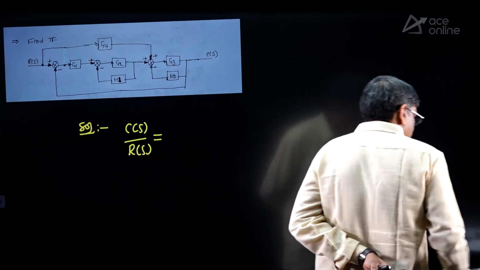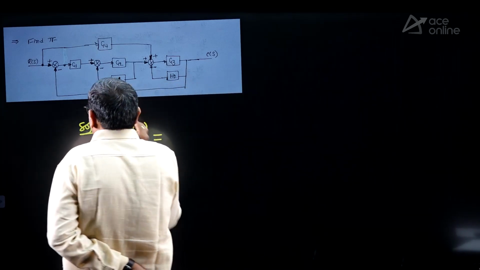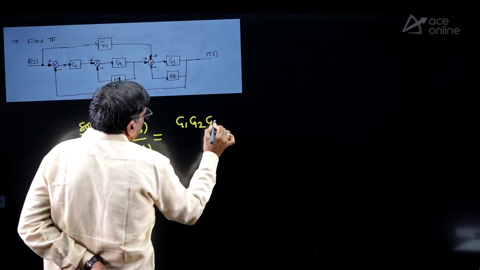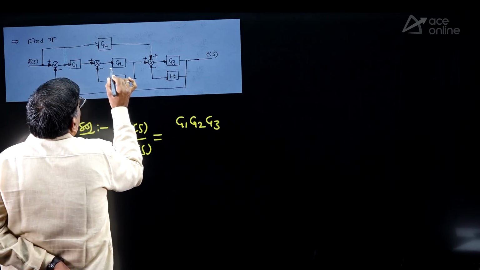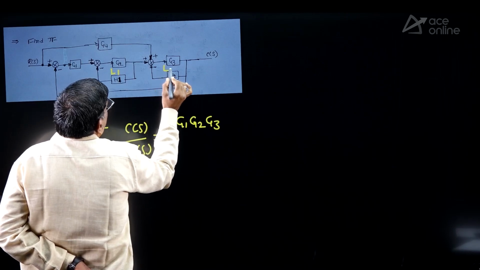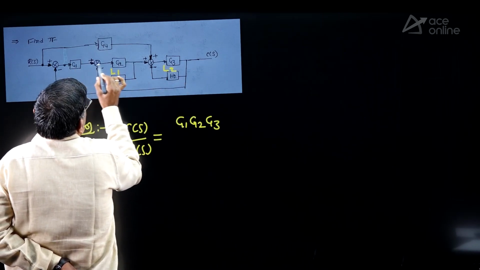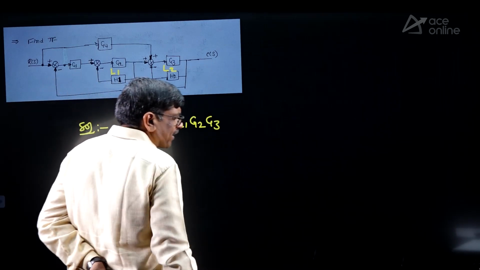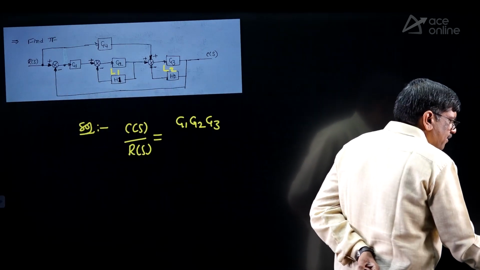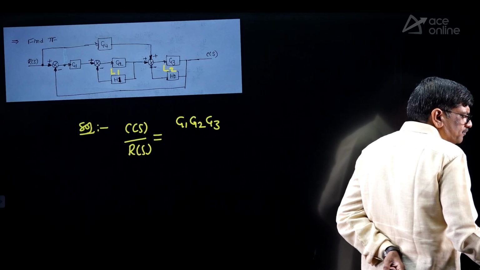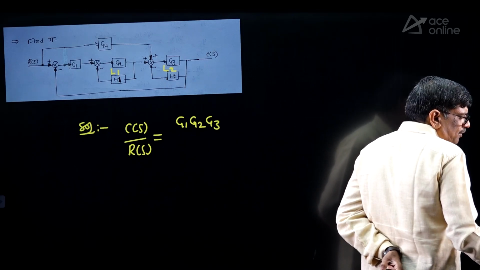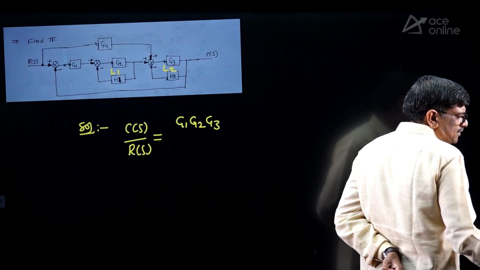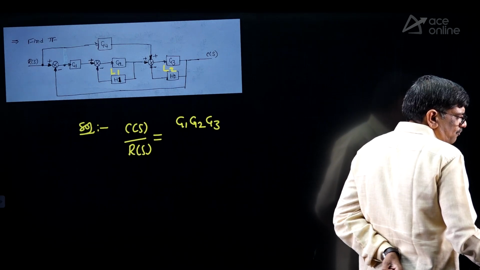Completed? Good. So what is the first forward path? Straight: G1, G2, G3. Here L1 is one loop, L2 is one loop, and like this L3. In total, how many loops do you get, 3 or 4?